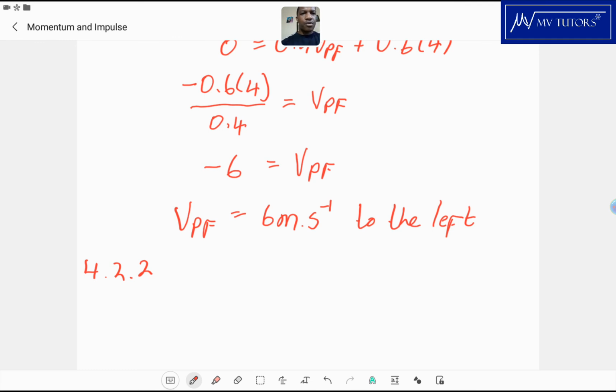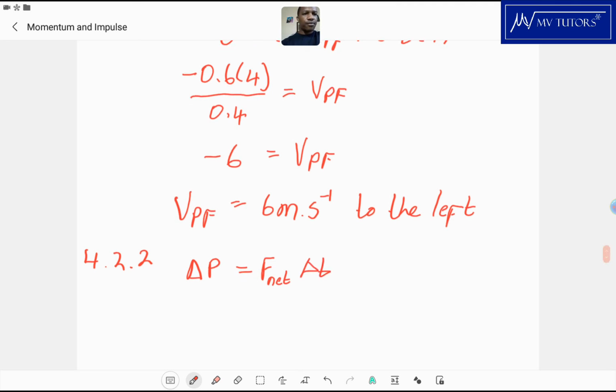4.2.2. Now, if you remember the formula for impulse, we said the change in momentum is equal to the net force times the change in time.